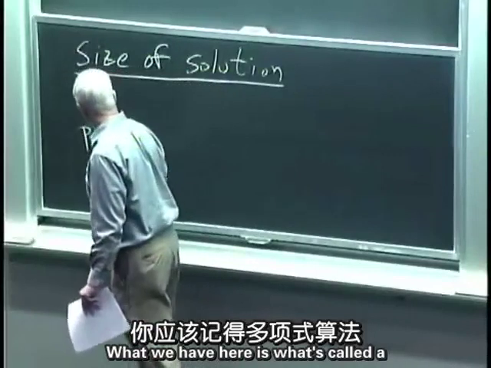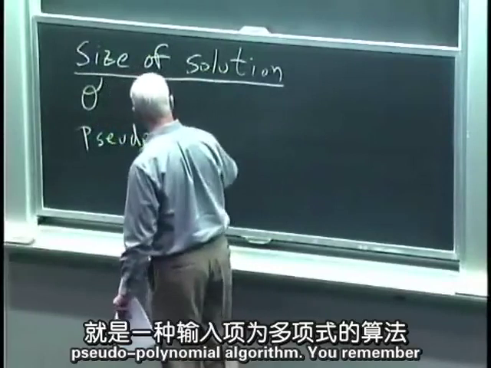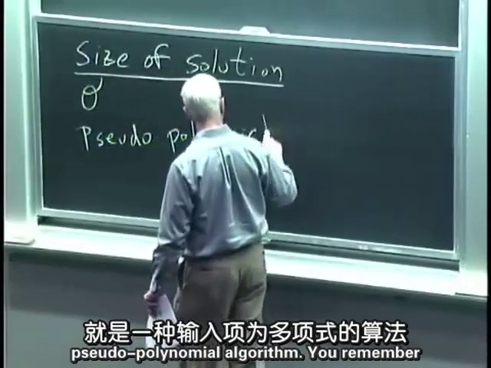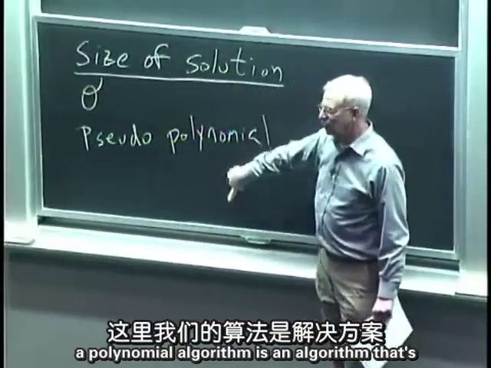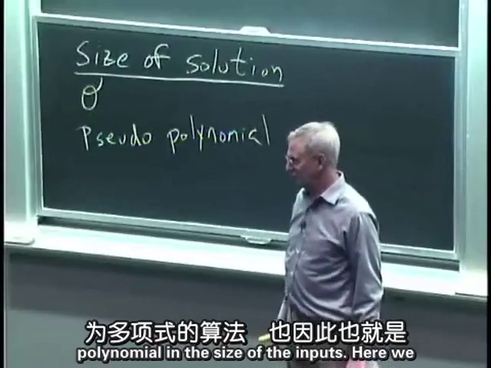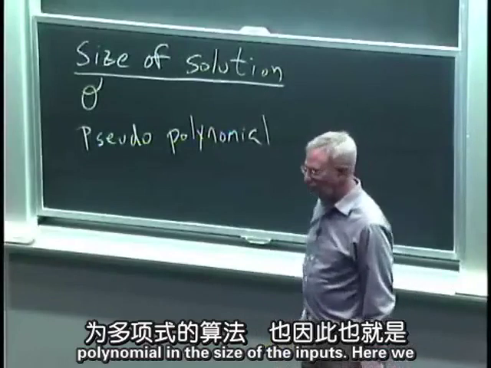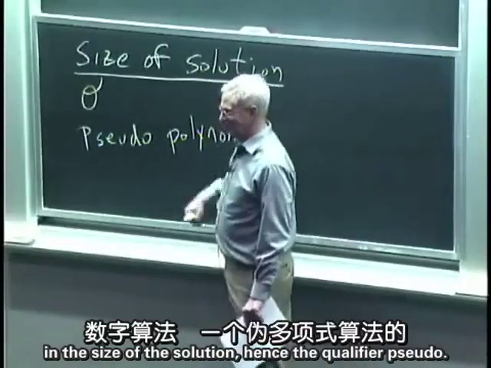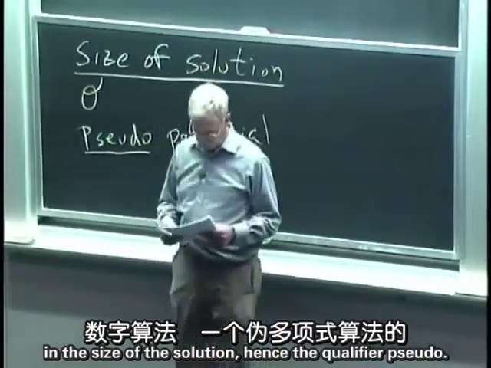What we have here is what's called a pseudo-polynomial algorithm. You'll remember a polynomial algorithm is an algorithm that's polynomial in the size of the inputs. Here we have an algorithm that's polynomial in the size of the solution. Hence the qualifier pseudo.